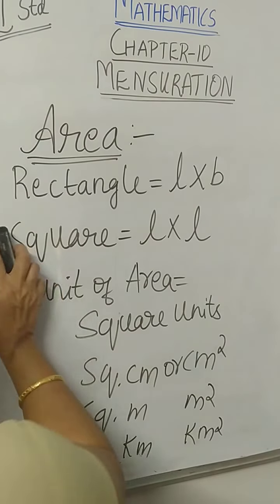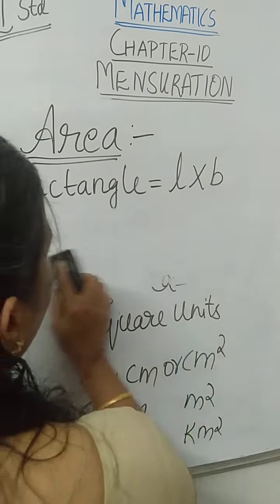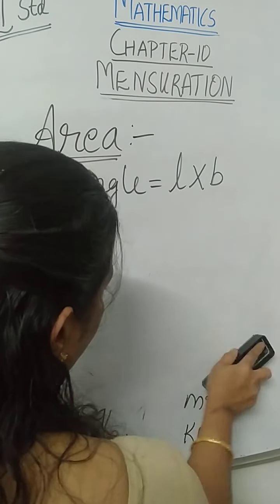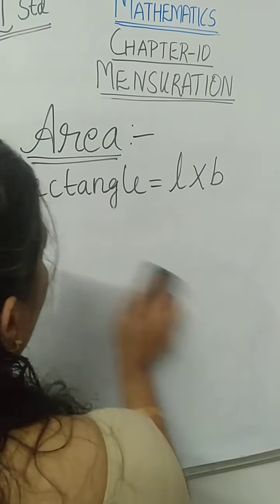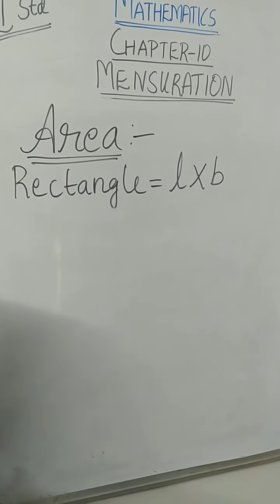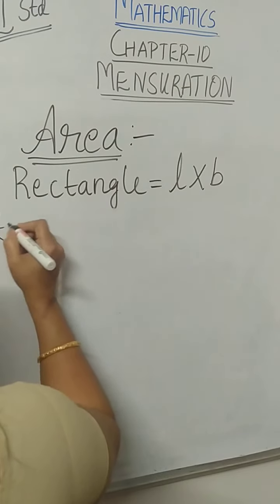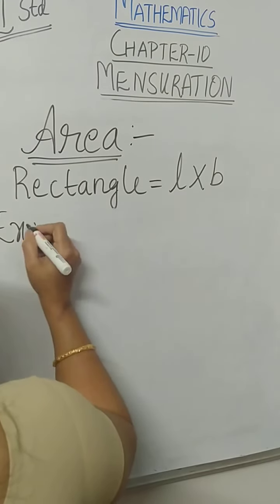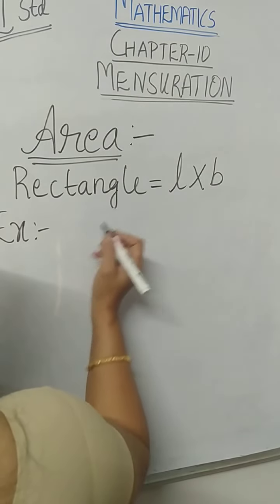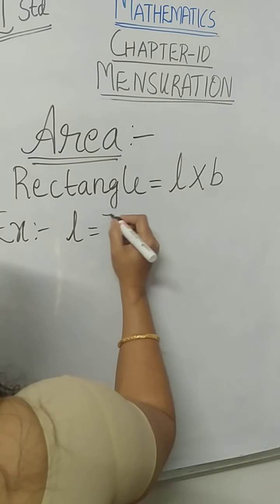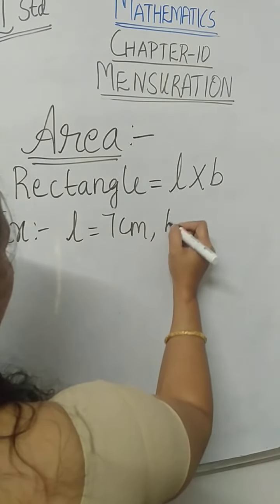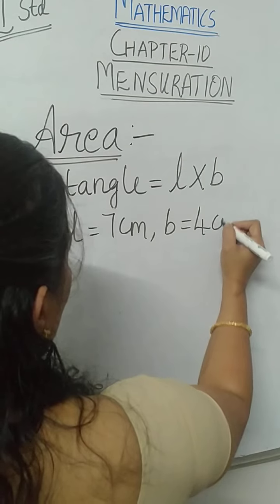Yes, now let us do some examples of calculating the area of rectangle. Example: find the area of the rectangle whose length is 7 centimeter and whose breadth is 4 centimeter.